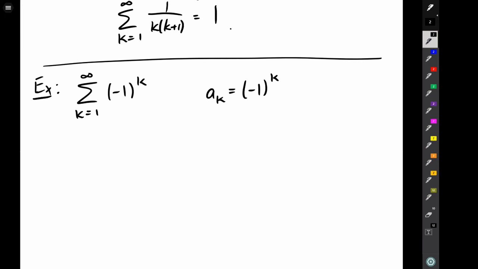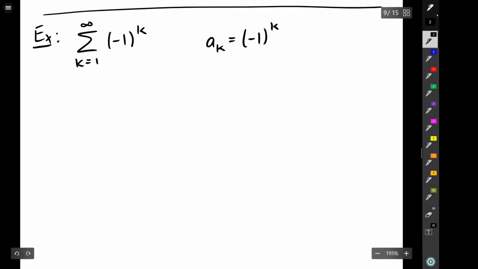Let's look at the sequence of partial sums here. S1 is A1, which is -1. S2, which is A1 plus A2, is going to be -1 plus 1, which is 0.